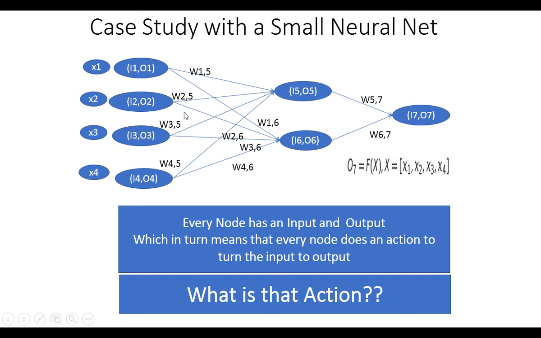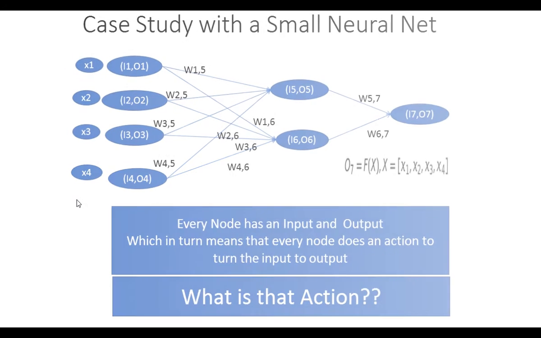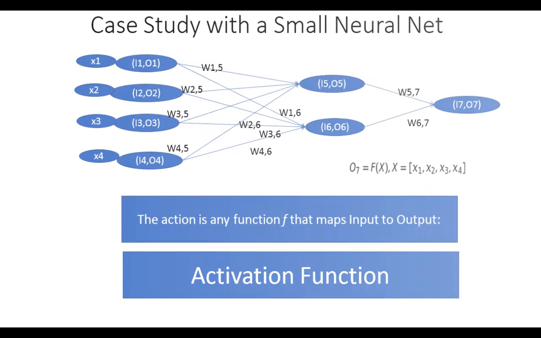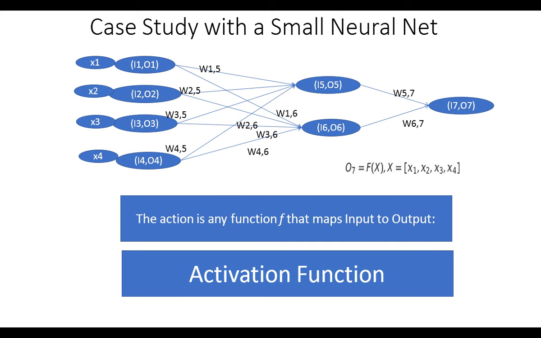Okay, so the input is transformed to output using some kind of action. What is that action? The action here is a function. A function is used here to map the input to output, and we call this function an activation function. So what type of function do we choose for activation?